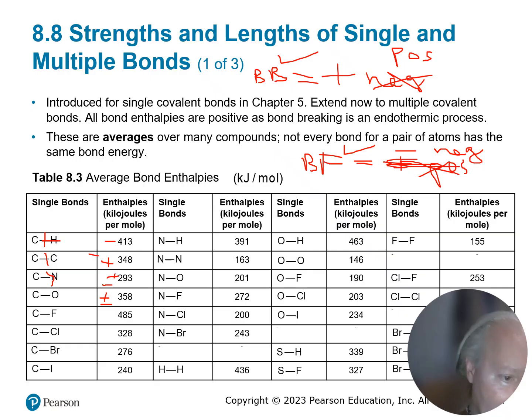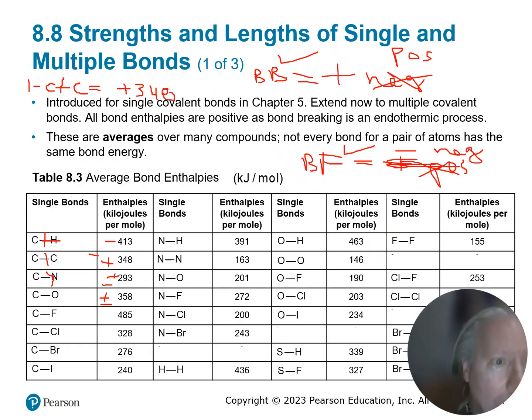So if you were to break a carbon-carbon bond, so you broke one carbon-carbon bond, that bond gets broken in half. To break that bond is going to be positive 348 kilojoules per mole, right? 348. Remember the units.